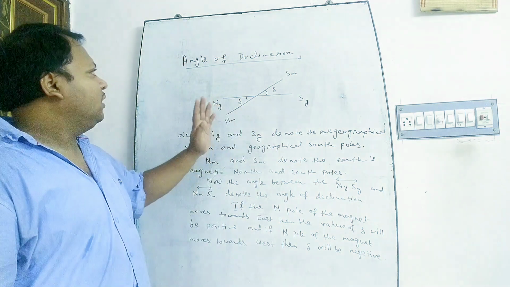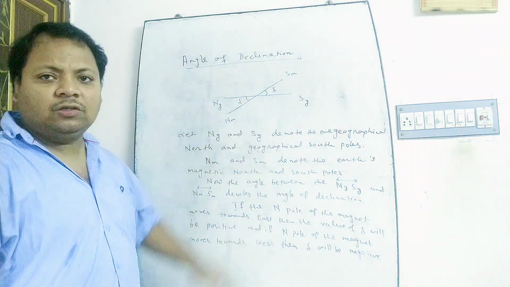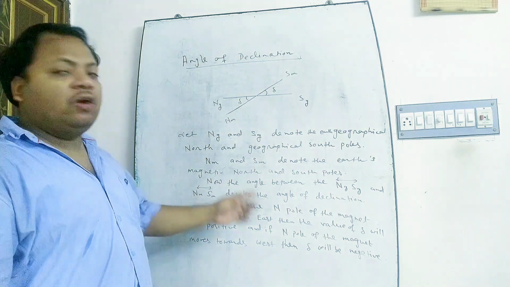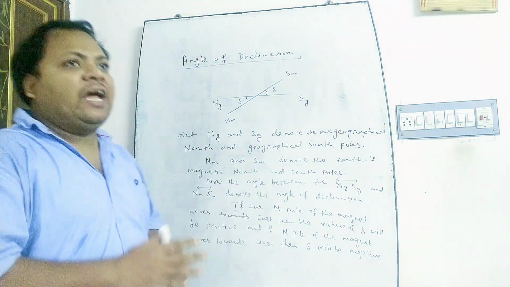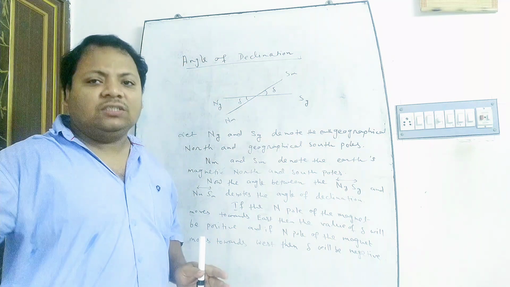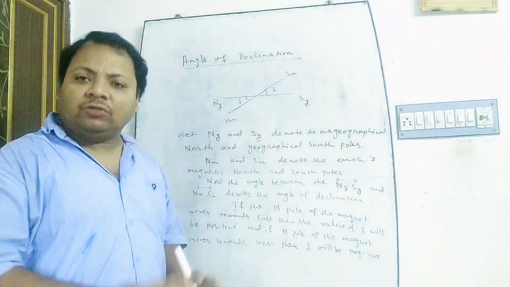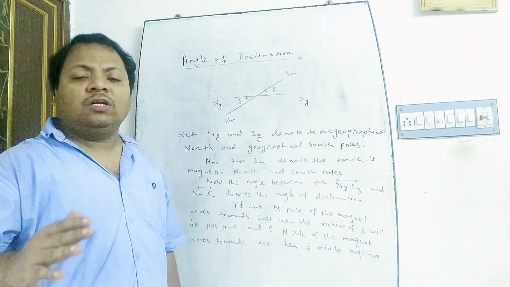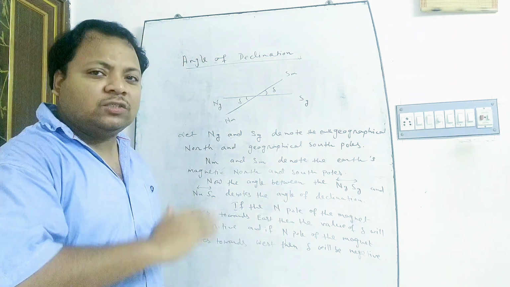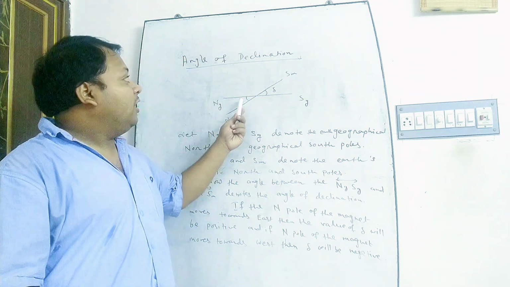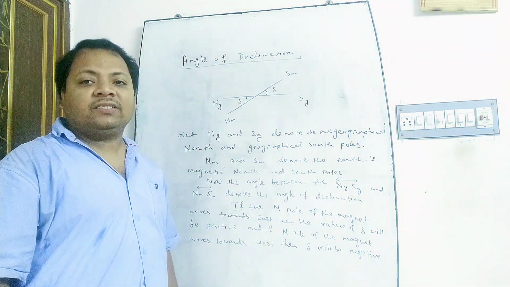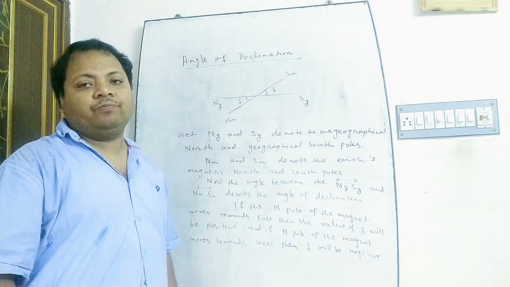This is known as the angle of declination. If the North Pole is inclined towards the east, then this angle is taken as positive, and if the North Pole is inclined towards the west, then the angle is taken as negative.